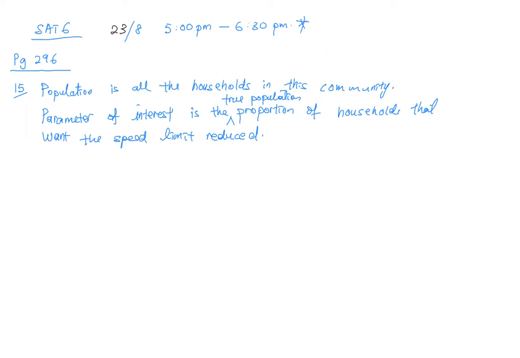Okay. So what is the sample? 70 households in the area. Okay. That is the sample size. So the sample collected. So when you write your folio, you have to be very clear cut of what it is.